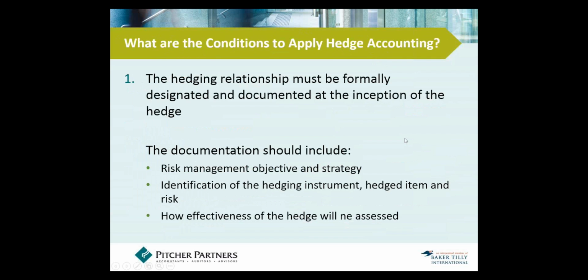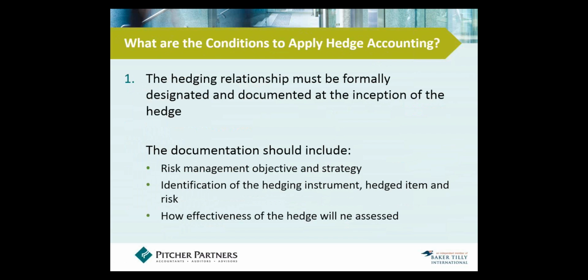So I've talked about this earlier, and this is really crucially important and a discussion to have between clients and us, as advisors or as auditors. There are certain conditions that you have to meet to apply hedge accounting and to get the benefits of hedge accounting.